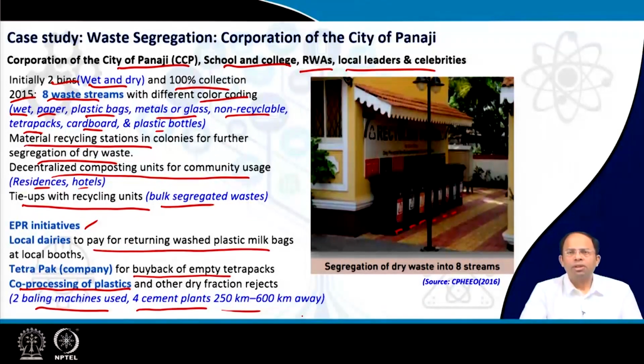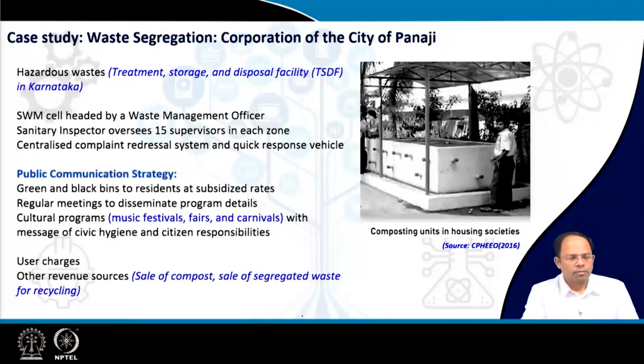So that is how the municipality did a lot of initiatives which can improve segregation and reduce the quantum of waste. They did these tie-ups, and accordingly they also encouraged people to segregate. Hazardous waste was taken to a treatment, storage and disposal facility, TSDF, in Karnataka.